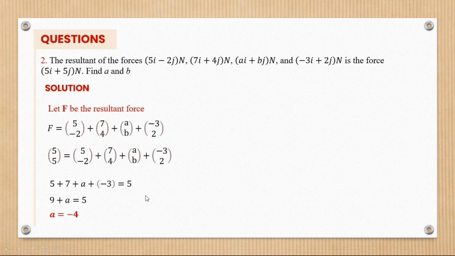So a is equal to negative 4, because 5 minus 9 is negative 4.